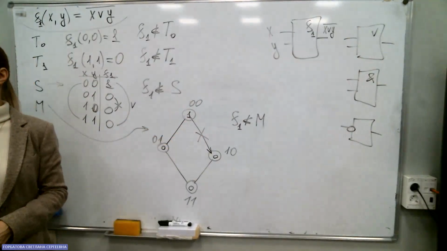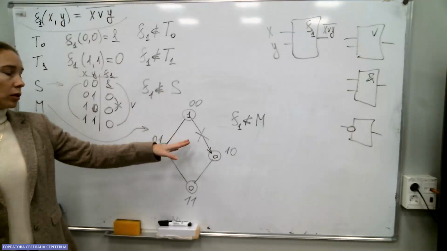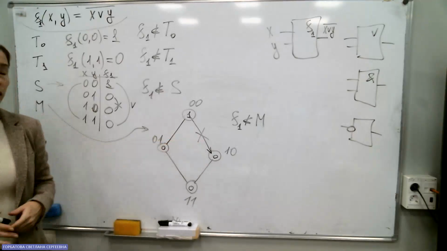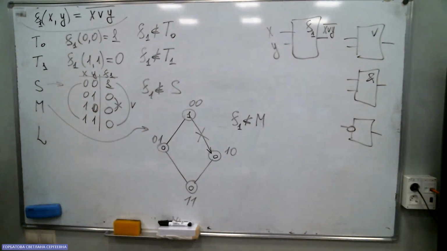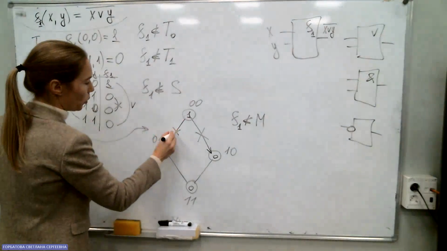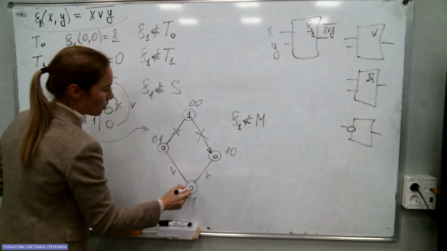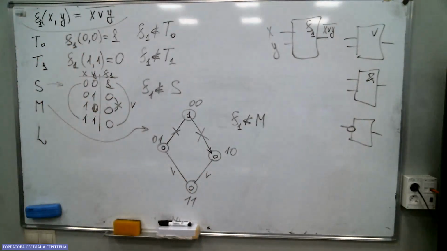If for all pairs it is okay, then function F1 is monotonic. Here is also a problem, here is okay, here is okay. If just one problem, it means that the function doesn't belong to this particular class.